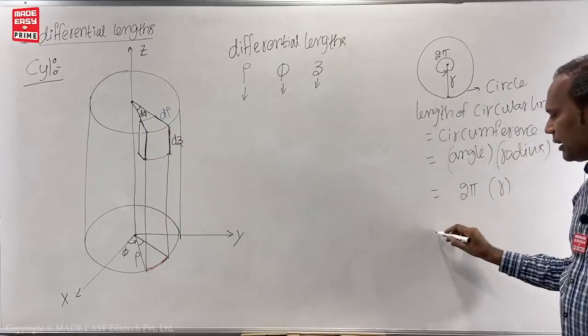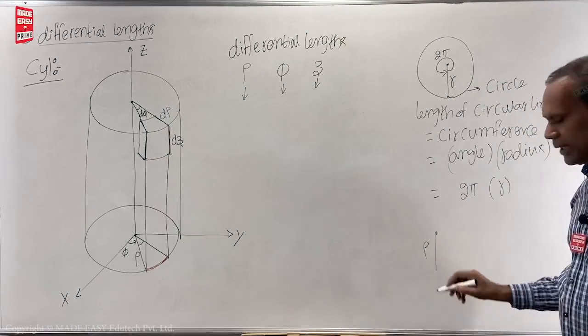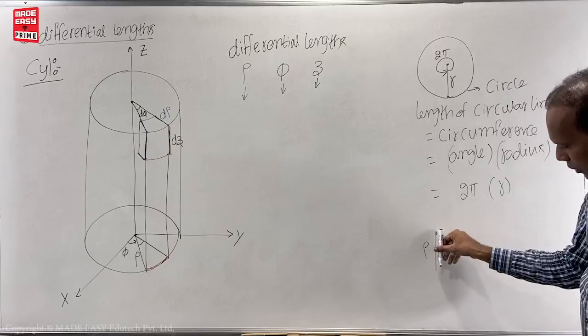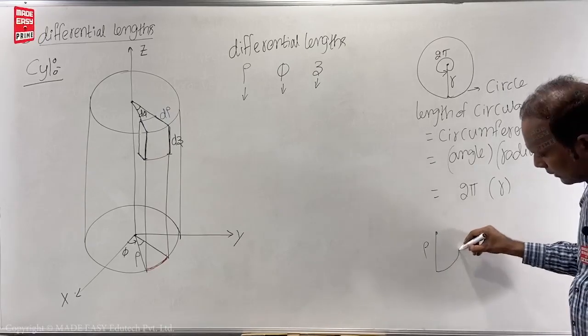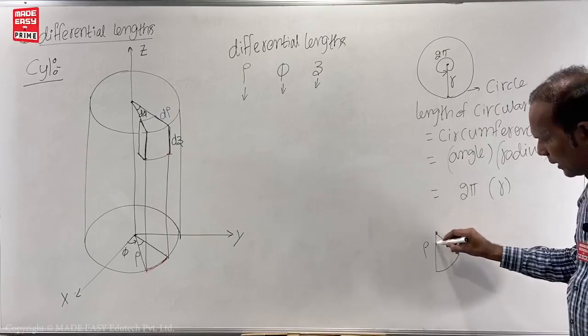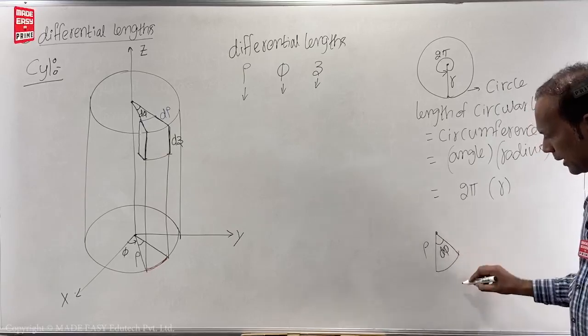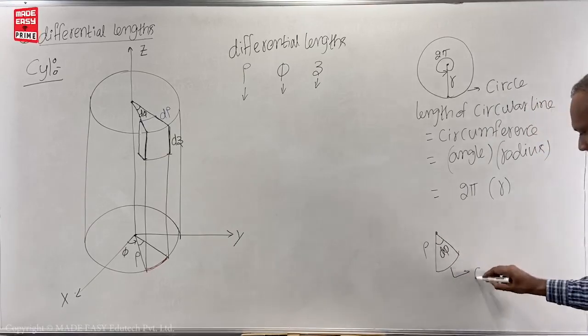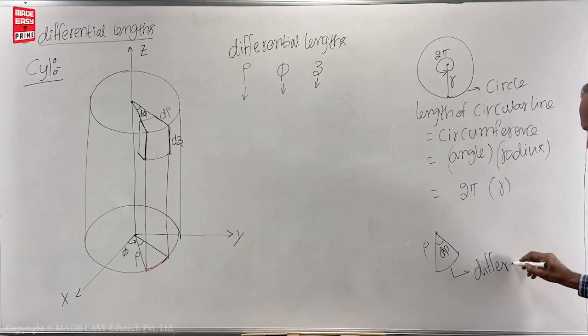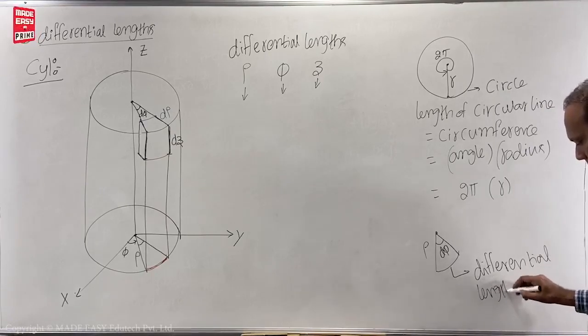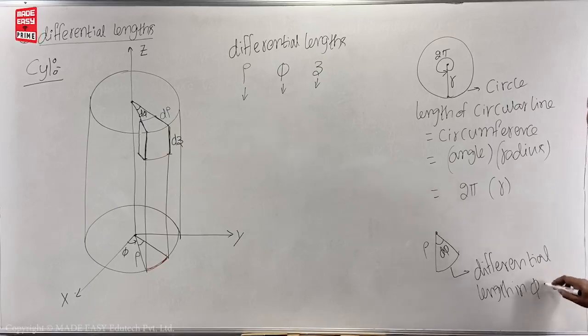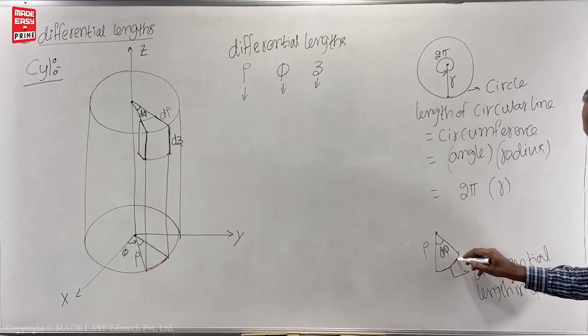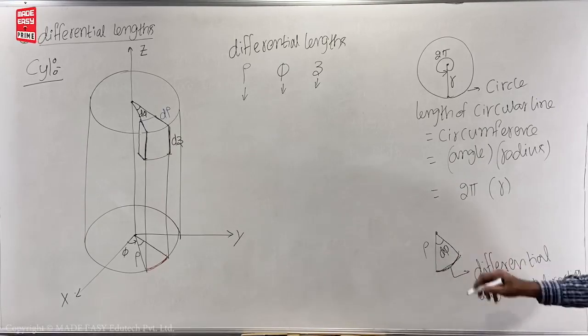Now similarly, if there is a rho radius, then I am rotating this like this. How much angle am I rotating? d phi angle. Then this is called the differential length in phi direction. Why like that? Because in this direction the phi angle is changing, right?